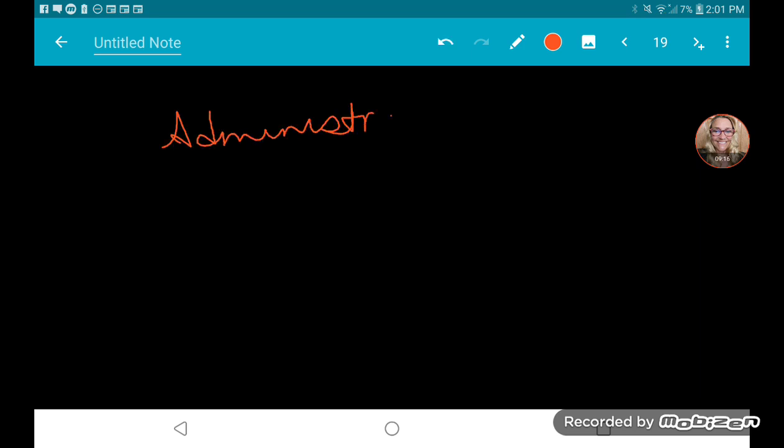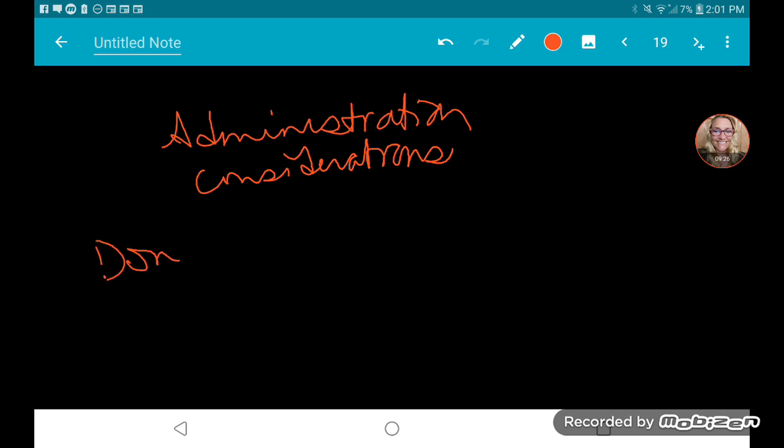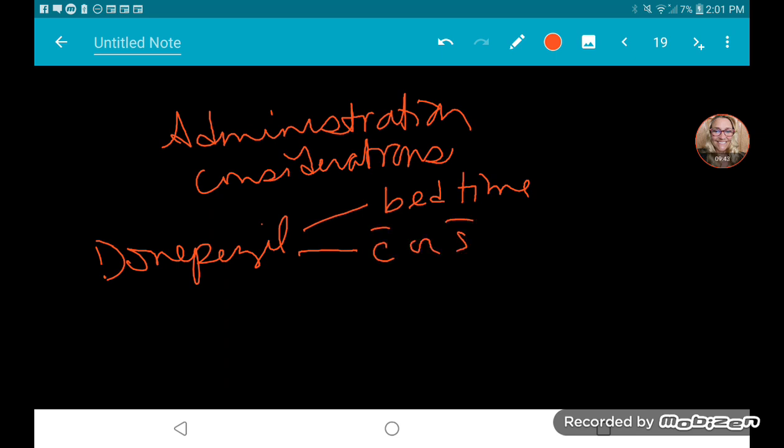Administration considerations here. For donepezil, or Aricept, we administer it at bedtime. We can give it with or without food.